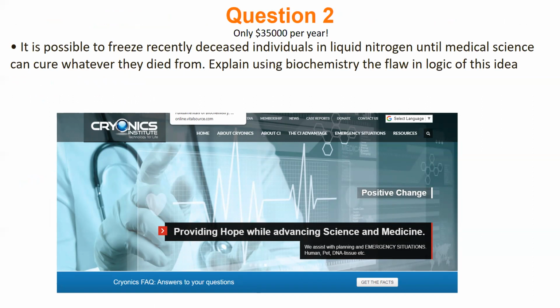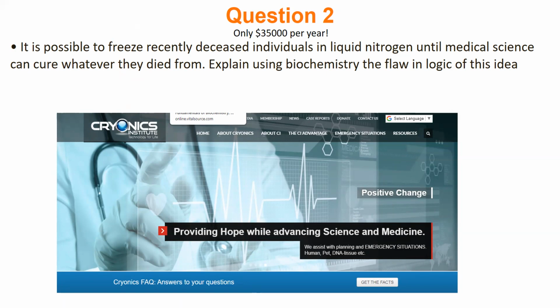Based on what we just talked about, according to the Cryonics Institute Technology for Life, they will freeze someone who just recently passed away and keep them in liquid nitrogen for the low cost of $35,000 a year until medical science has advanced to cure them of whatever killed them.